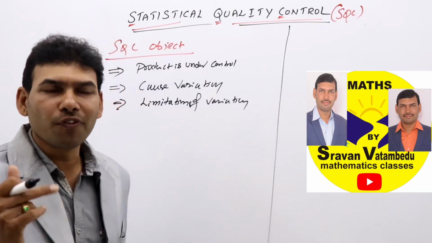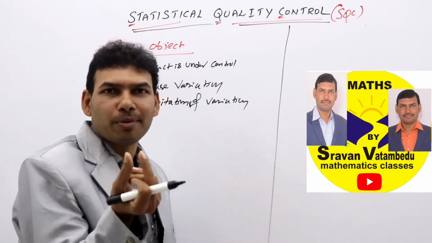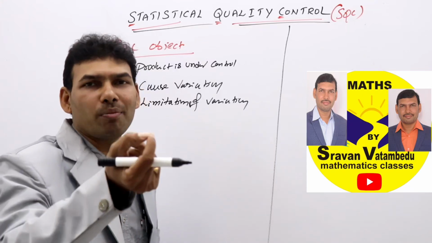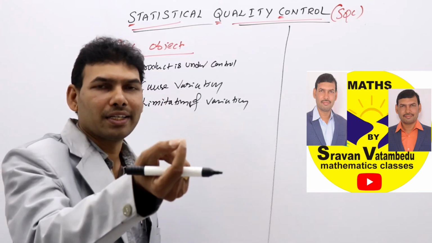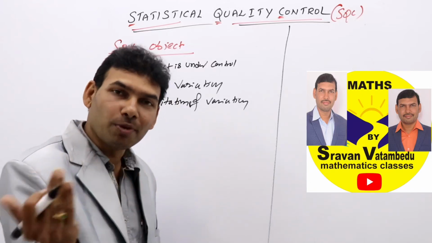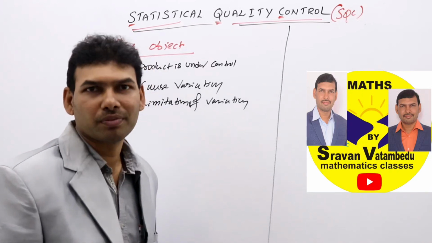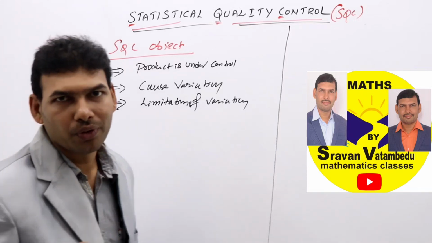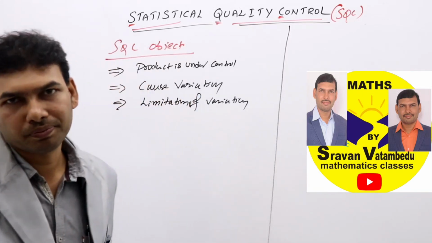For example, if you keep a standard of 0.7 centimeter radius of bolt, you can expect 0.1 mm extra, that means 0.8 or 0.6. That should not happen. If it happens, maybe that much of variation. The limitations of variation also we need to check.